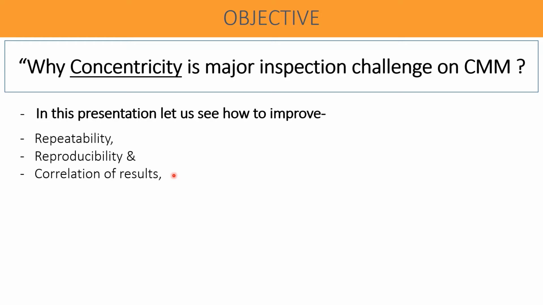The correlation of the result means the measurement done at one place, one machine by one operator should be matched with another place, another machine by another operator or any of the change.